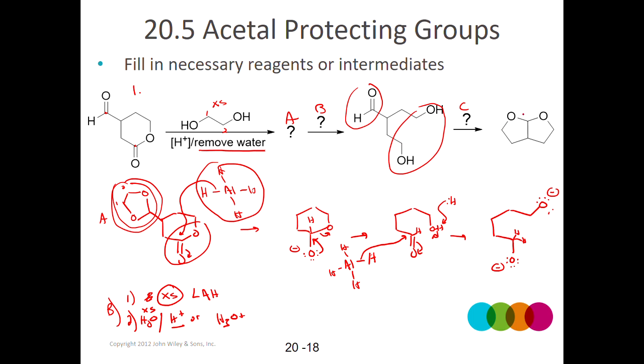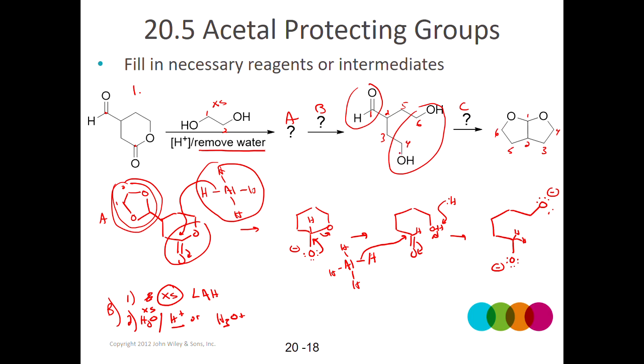So then what do I need here in step C? Right, so one thing I can do here is count my carbons. 1, 2, 3, 4, 5, 6. So I'm not changing the number of carbons.